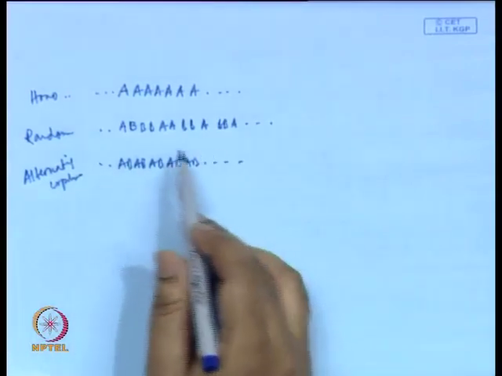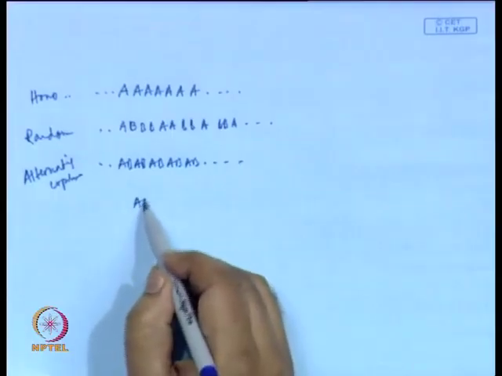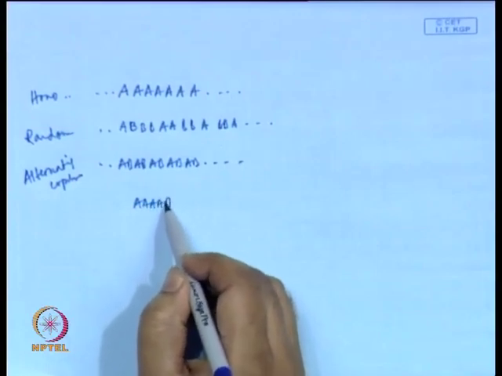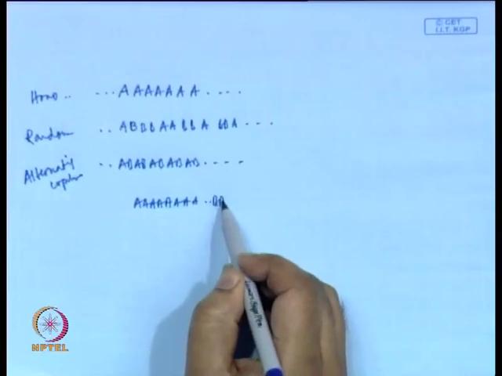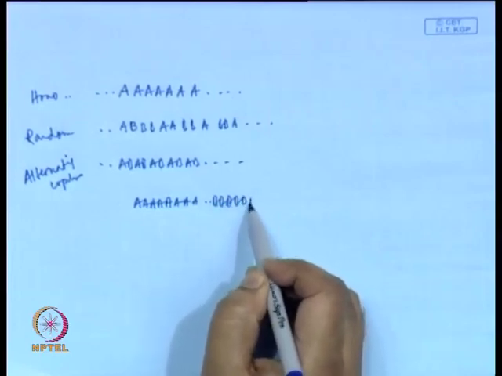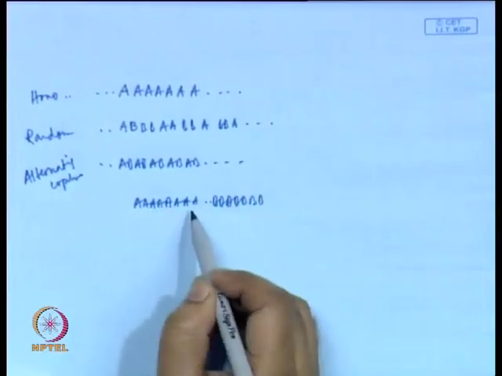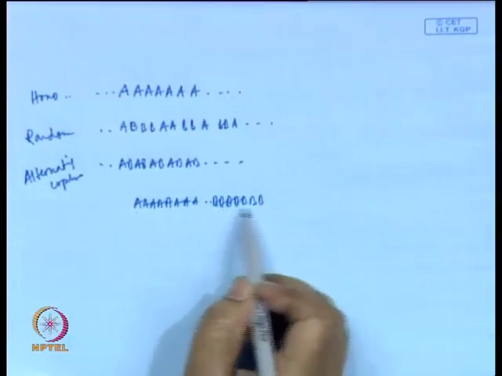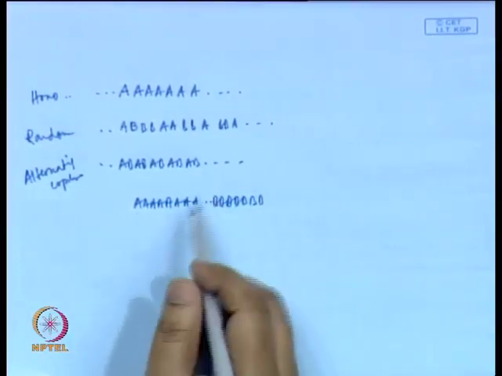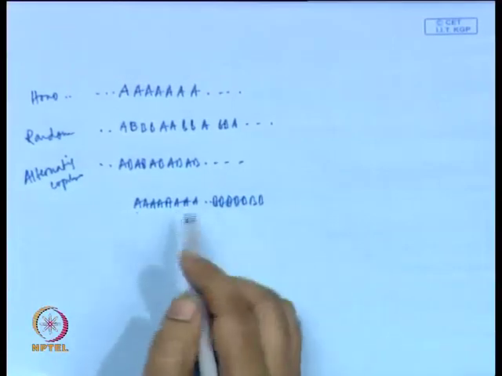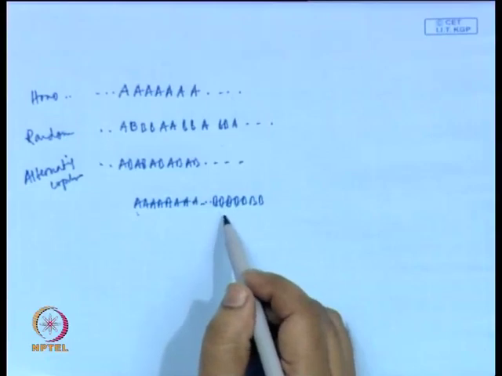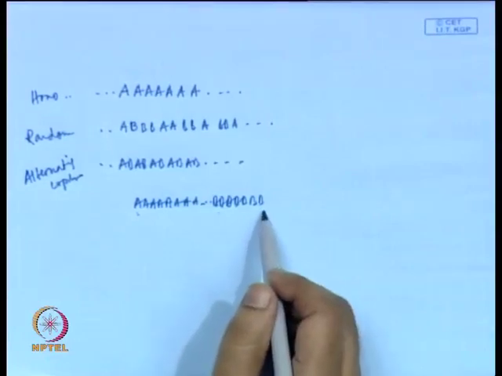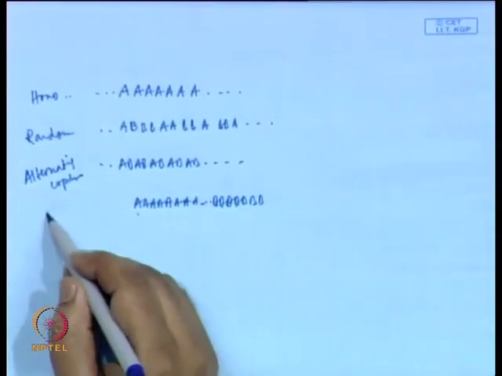Now, if these two monomers are present like this, where it is a combination of two small blocks of A and B, so it is like an oligomer or polymer of A linked with an oligomer or polymer of B, then this is an example of a block copolymer.